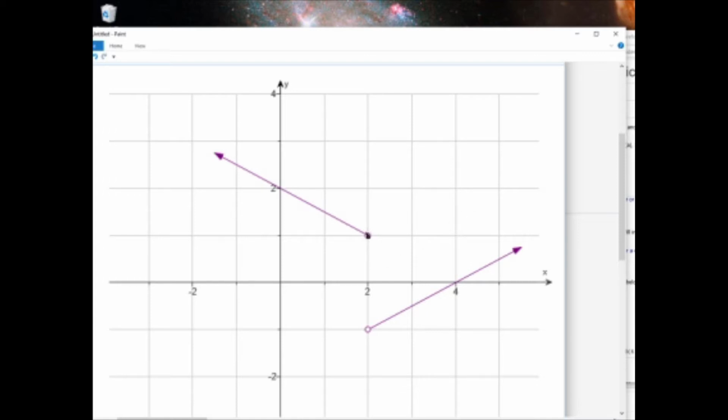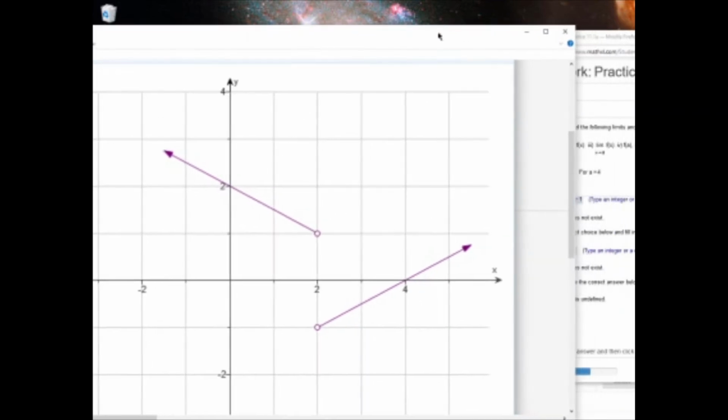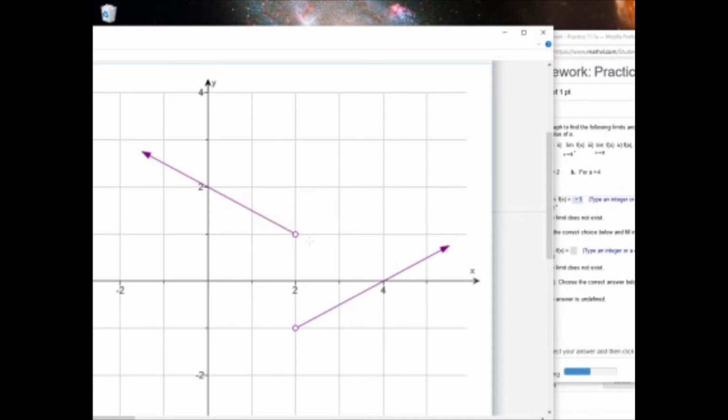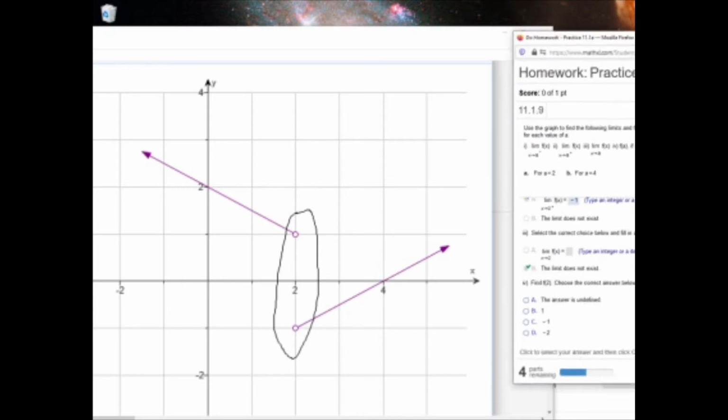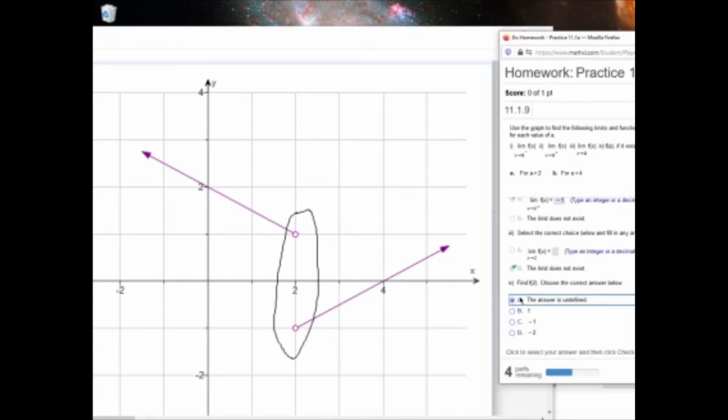If that was the case, then f of 2 would be 1. However, that's not the case. There's no function output at 2. It's simply undefined. And so for f of 2, in this case, because we have 2 open circles there, that answer is undefined.